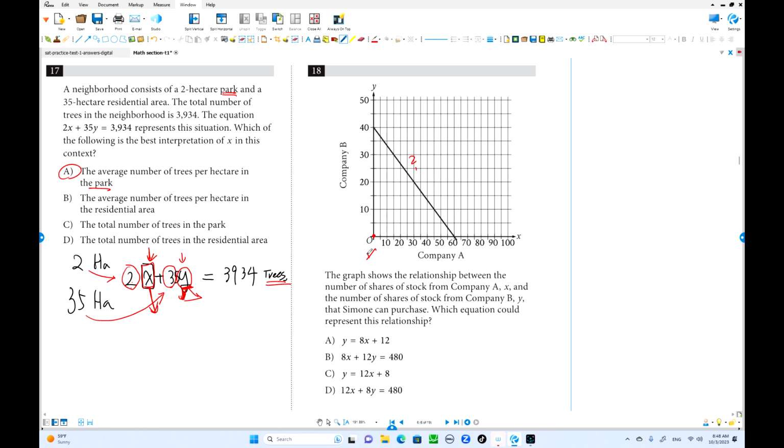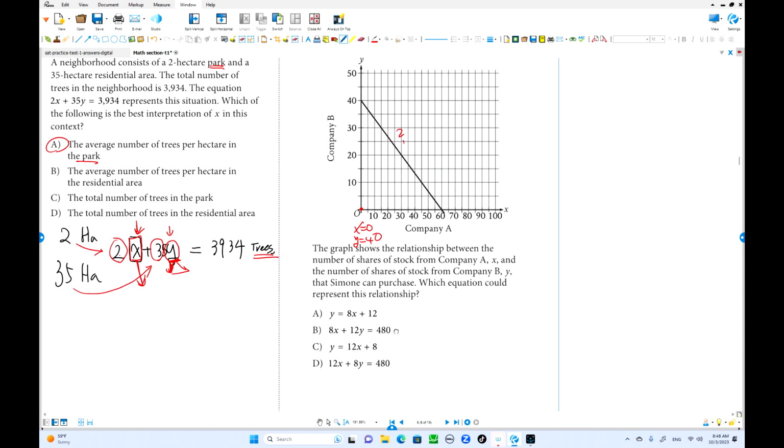When x equals 0, y equals 40. The choices give y-intercepts of 40, 12, 40, 8, and 60. This one is 40 over here. Choice B is the answer, okay?